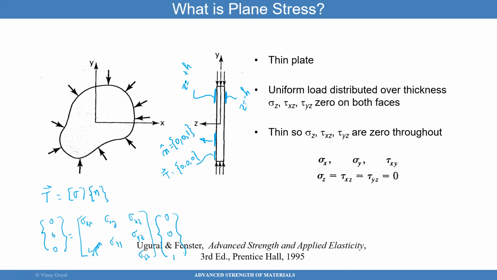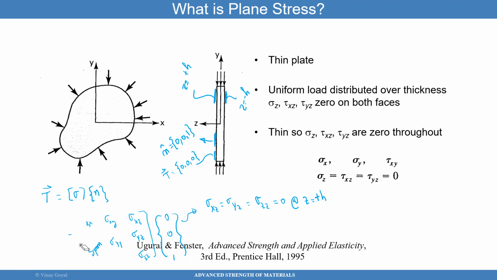When I do this multiplication, you can quickly see that sigma xz equals sigma yz equals sigma zz equals 0 at z equals plus h.